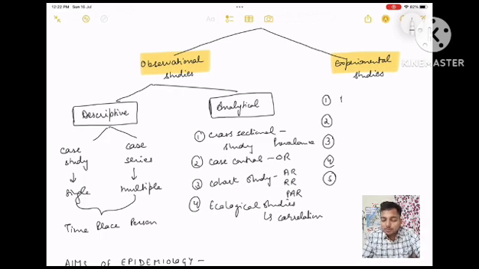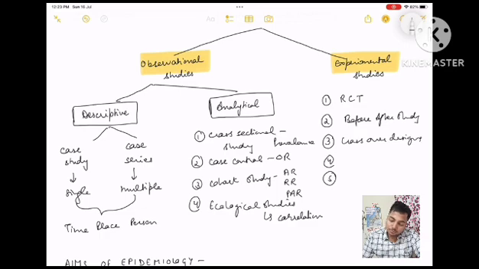Then coming on to experimental studies, here we have the popularly called RCTs. Then we have before and after studies, then crossover designs, then field trials and community trials.